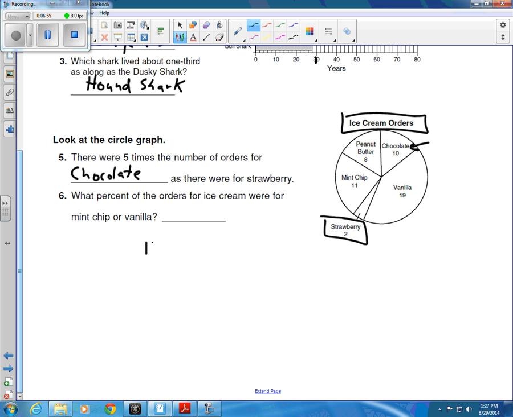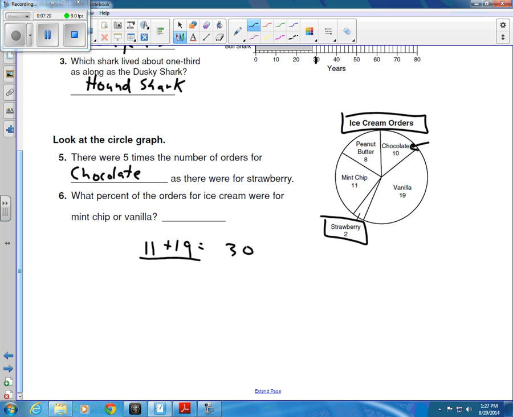Looks like I have 11 mint chip and I have 19 vanilla, which means out of the possible ice cream orders, there were 30 of them that were mint chip or vanilla. Well, I'm looking for a percent, which is a fraction or a number representing a part of a whole.